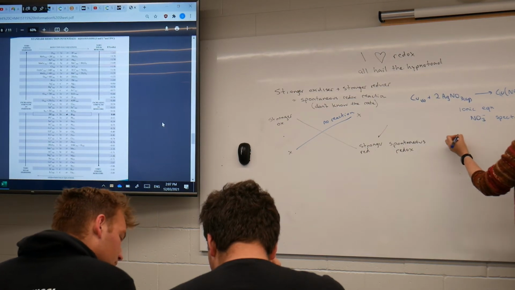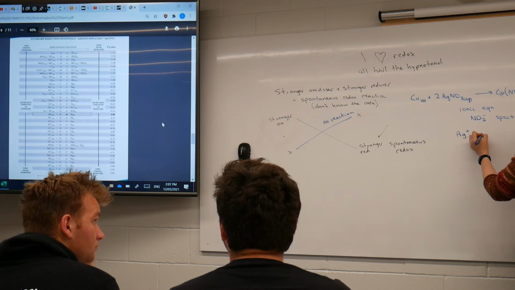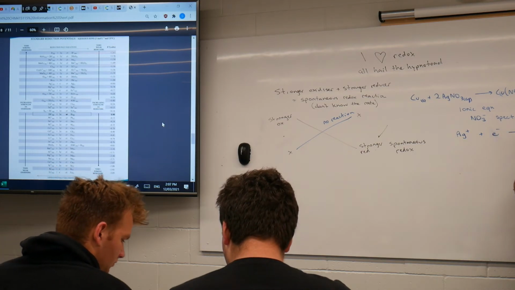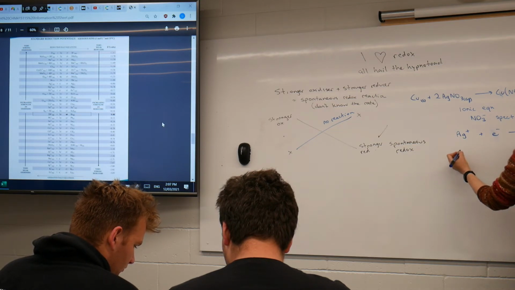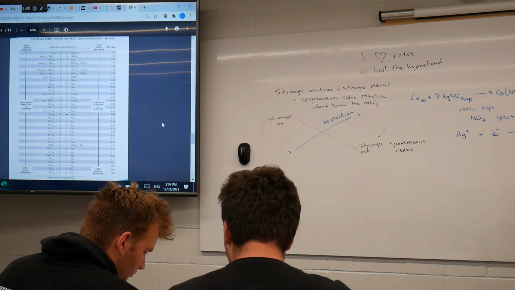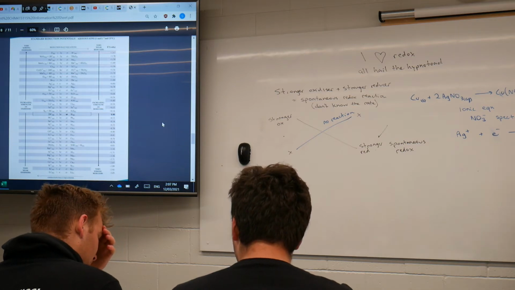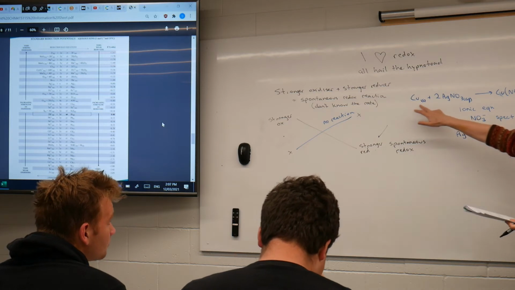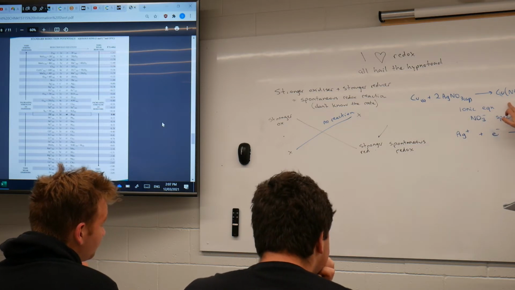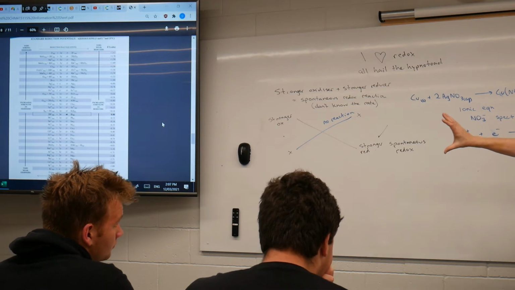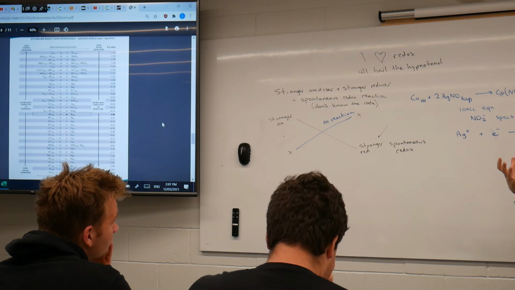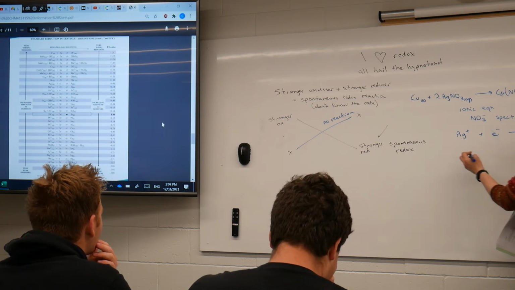So I've got my silver, and I've got my copper. Now that's reduction. When I'm writing out the reaction for the copper, forming the copper ions, that's oxidation. So I don't just copy it directly off as it's written. I have to swap it around so that I'm writing the oxidation half equation.